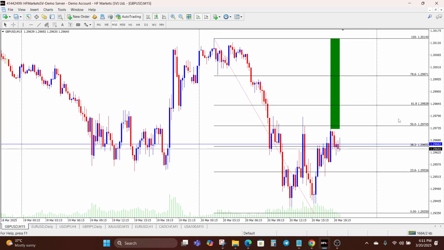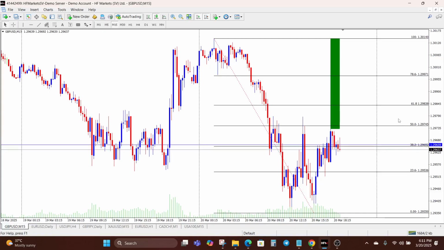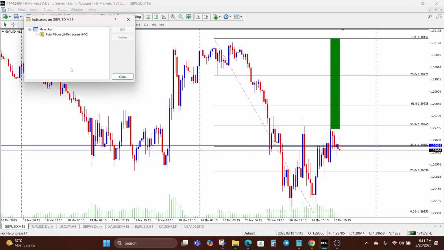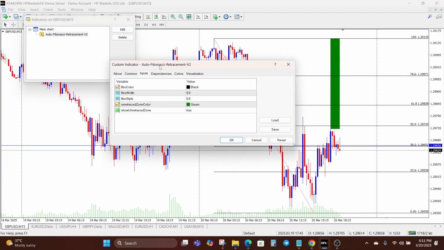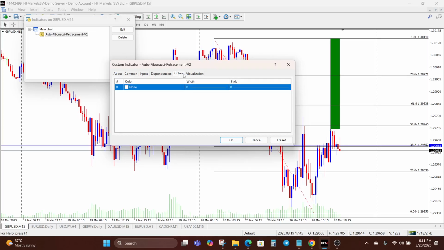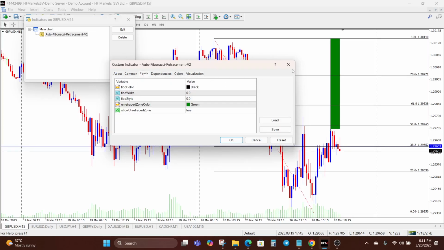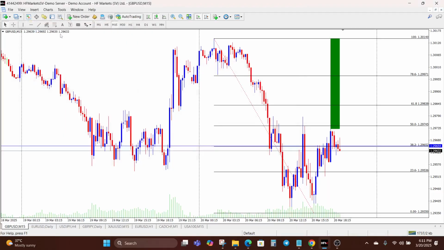Now, what makes the Auto Fibonacci indicator special? Normally, when using the Fibonacci retracement tool, you have to manually select the highest and lowest points. Let me show you an example.